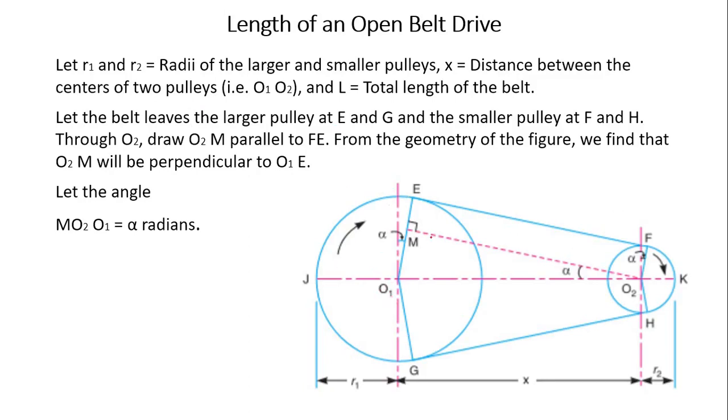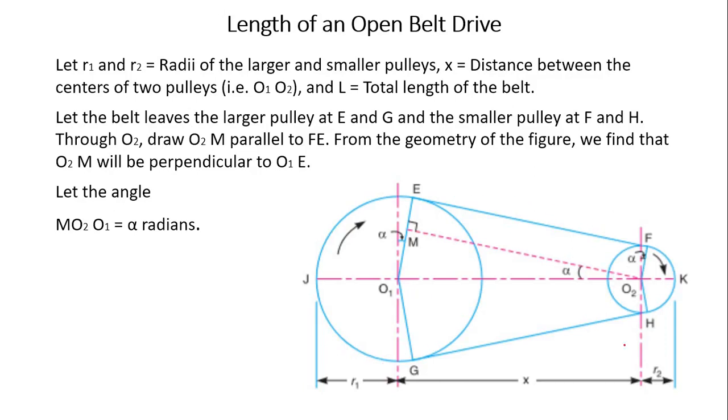So student, to find the length of belt, we can see here one larger pulley, whose radius is R1 and center is O1, and similarly this is a smaller pulley with radius R2 and center is O2. Now the belt is placed over here.